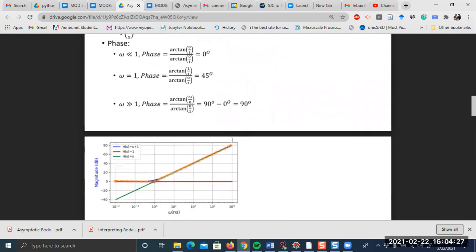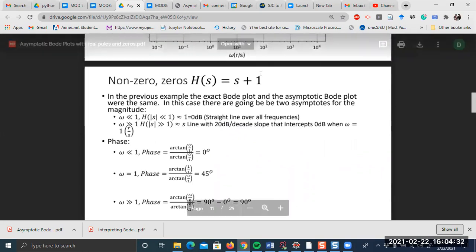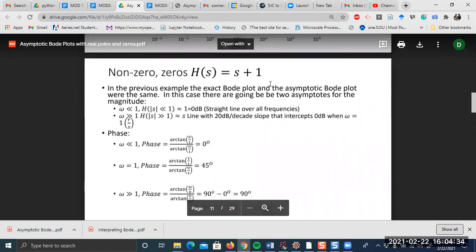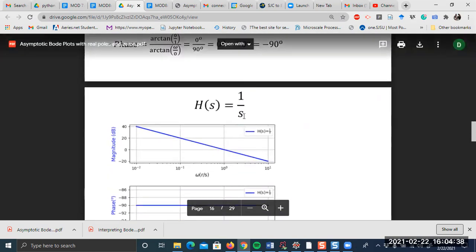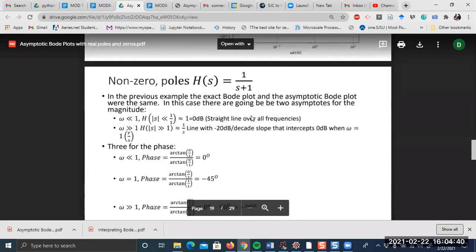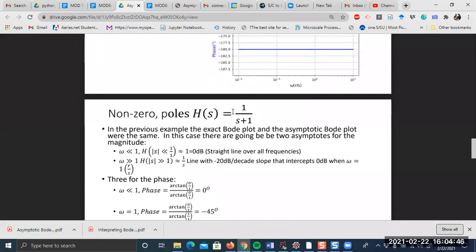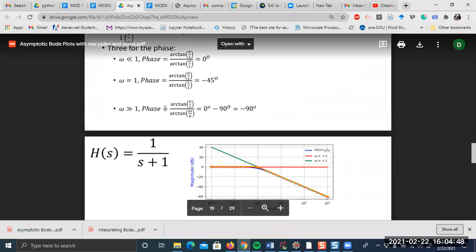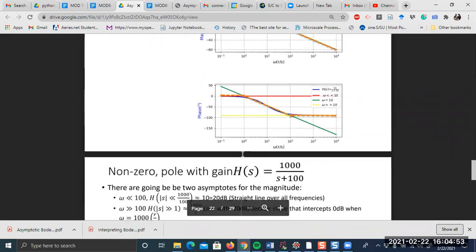So that example, this is just a s plus 1 where there's a root at minus 1, right? That's what that looks like. Then here's the integrator. Okay. Then here's the 1 over, we have a pole at minus 1. So it's all kind of there, right?